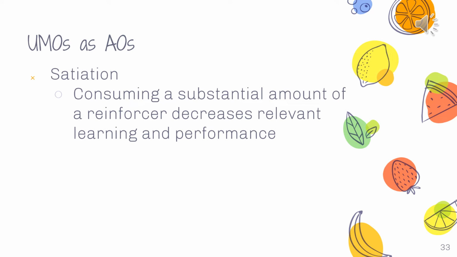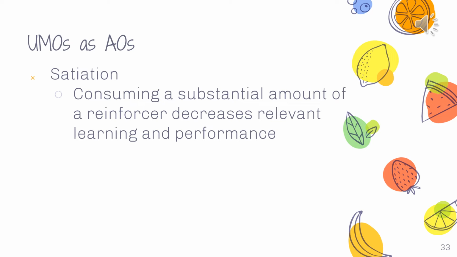Now we can look at unconditioned motivating operations as abolishing operations. Again, these will decrease the effectiveness of some object or event as a reinforcer and decrease the current frequency of all behavior that has been reinforced by that stimulus, object, or event. The term satiation is relevant here.